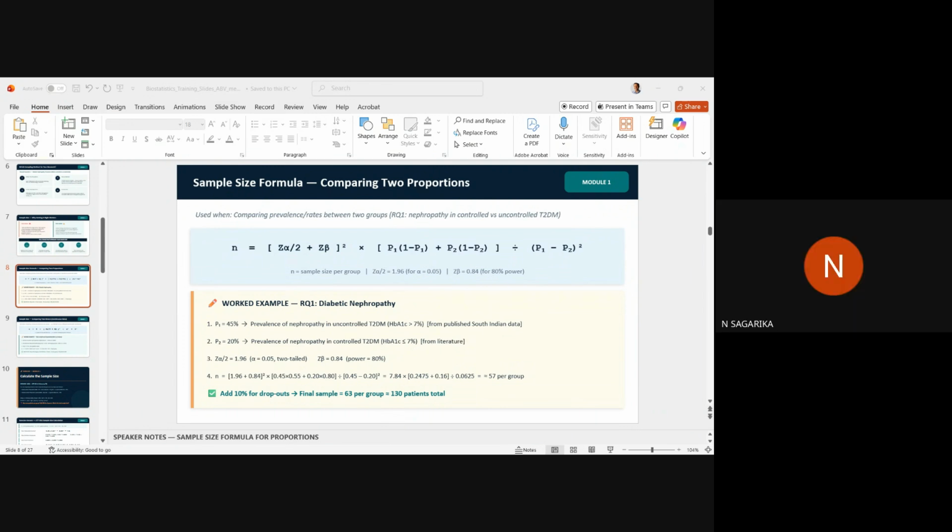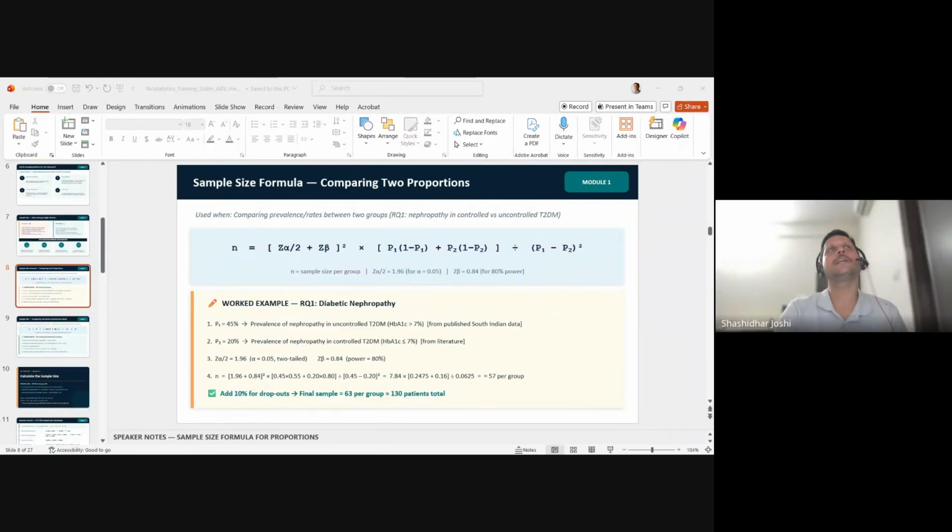Sir, in a case control study, or when we're comparing two groups, is it mandatory that the numbers should be 50-50 or nearby numbers? No. Basically, there is a statistical science behind that. We want to choose a minimum of 30 subjects per arm.